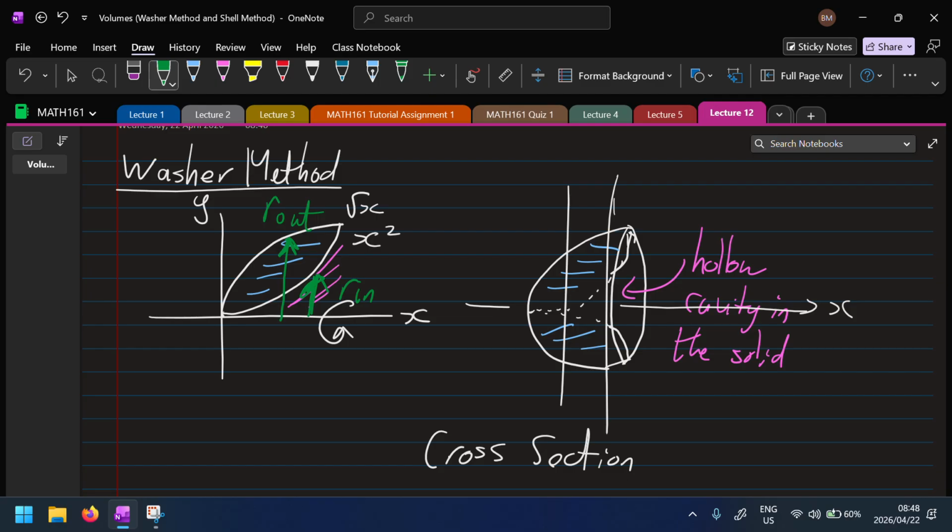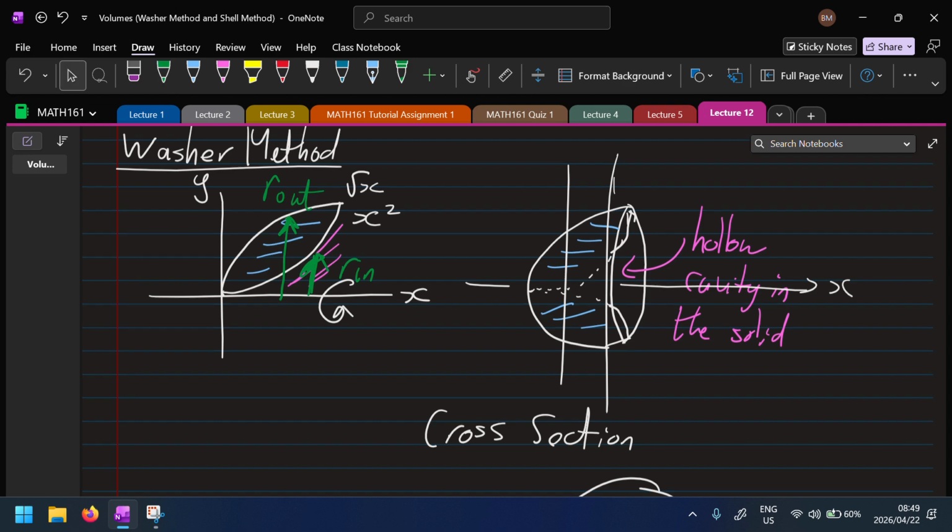Okay, does everyone see how we get from the diagram to the washer? So we rotate it around. From the x-axis to that first curve, that will be the inner radius, because it's the smaller radius. From the x-axis up to the second curve, that will be the outer radius. That's the larger one. You rotate that around, you get that washer shape.